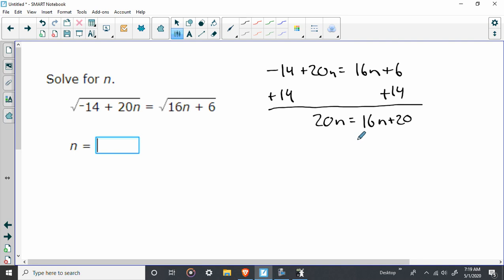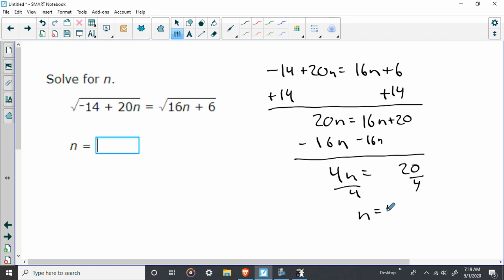We're going to subtract 16n from both sides. 4n is equal to 20. N is equal to 5. Again, if you want to plug it in, 5 times 20 is 100. 100 minus 14 is going to be 86. 5 times 16 is 80. 80 plus 6 will be 86 as well.